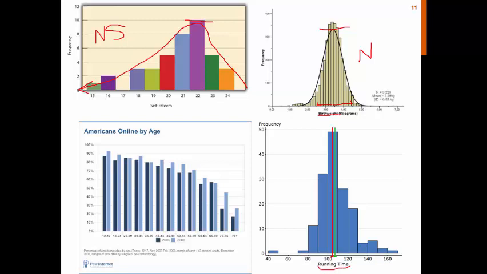If we look down here at running time, this one is interesting because if we think about this being the middle, and if we went all the way out to the left and to the right, pardon my bad pen, we would think it might be normal, it might be symmetric.